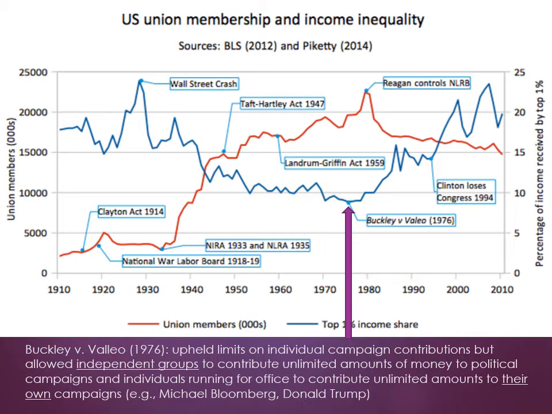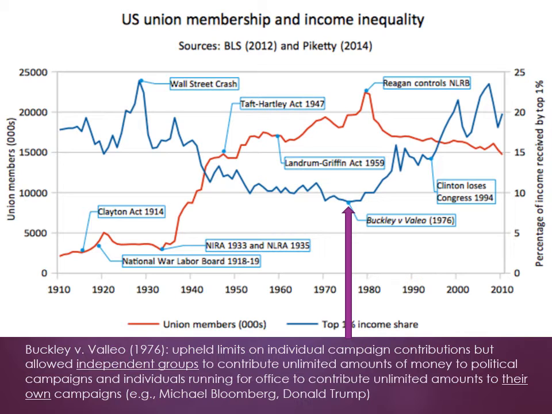It said you can limit individual campaign contributions, but independent groups can contribute unlimited amounts of money to political campaigns, and also individuals running for office can use as much of their own money as they want to promote their own campaigns, which becomes an issue when you have incredibly wealthy people like Michael Bloomberg or Donald Trump. And this is one of the things that increases the power of the 1% over American politics.